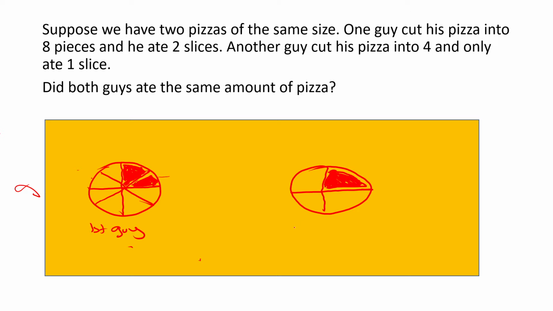And this is the second guy. So it's cut into 4 and he ate 1 slice. And as you can see, they are equivalent. If I put this drawing over this one, they will shade the same amount of area.